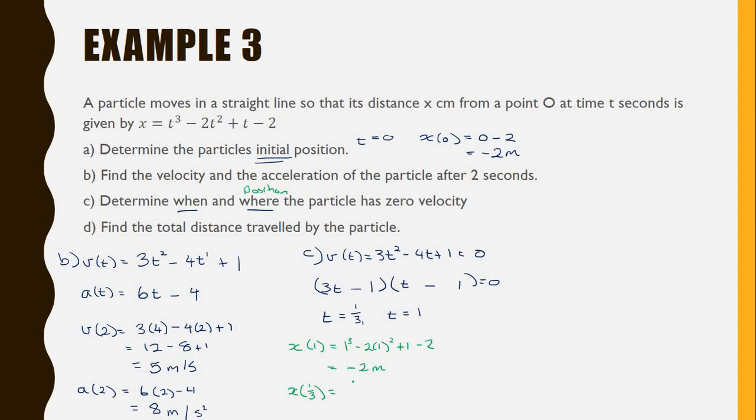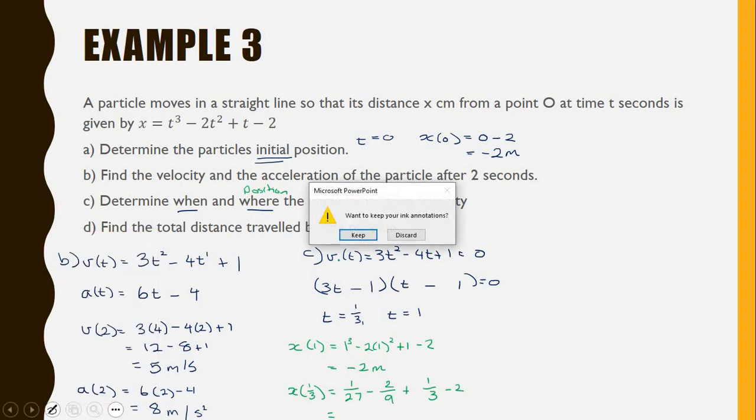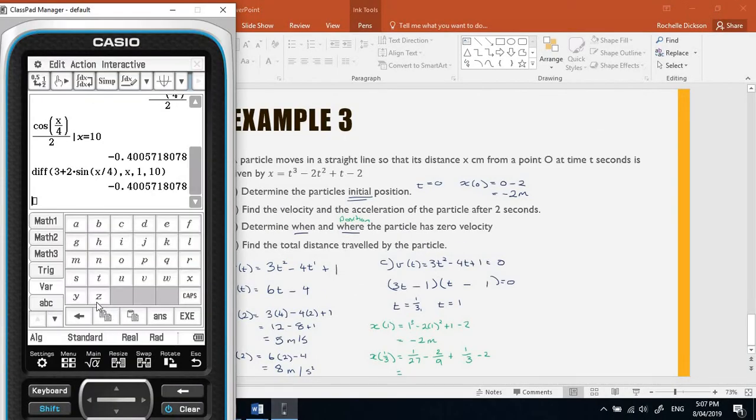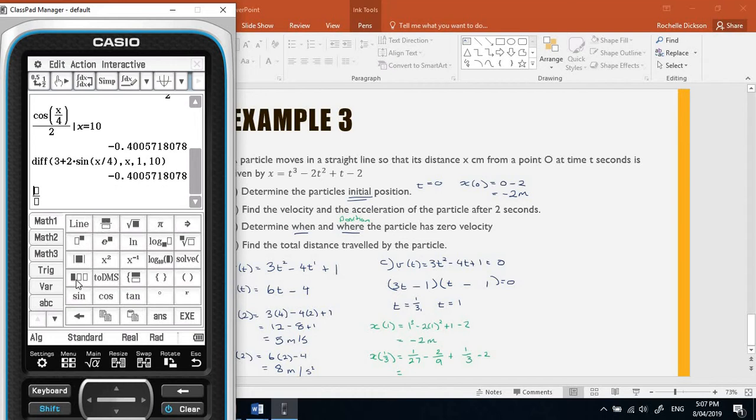1/3 cubed, that's 1 over 3 times 3 times 3, so that's 1 over 27, minus 2 over 1 squared is 9, plus 1 over 3 minus 2. Let's work out this on our calculator, shall we? You could do it by hand, because remember, exam 1, they are going to test your fraction skills.